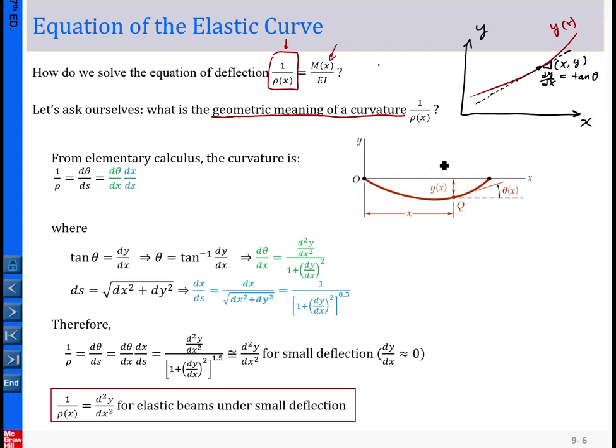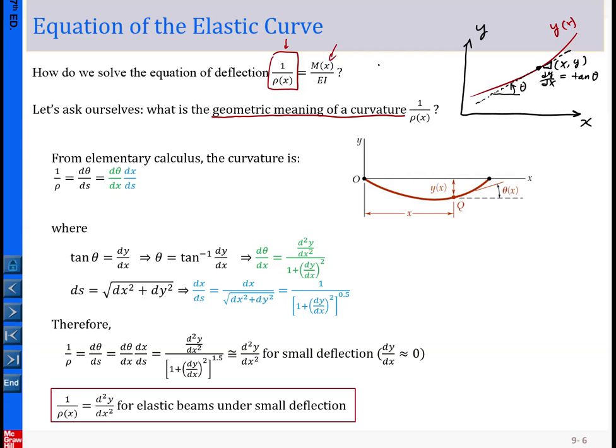So here I introduce theta. What is theta? Theta is the orientation of this tangent line. Theta simply describes the orientation of the tangent to a curve in space.